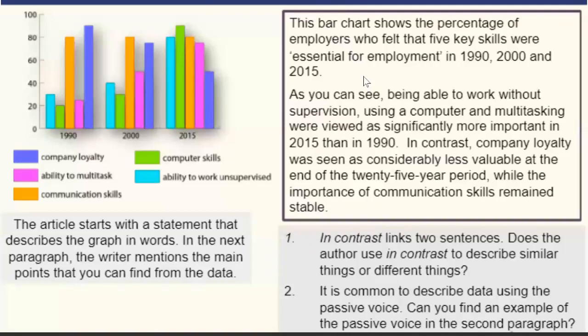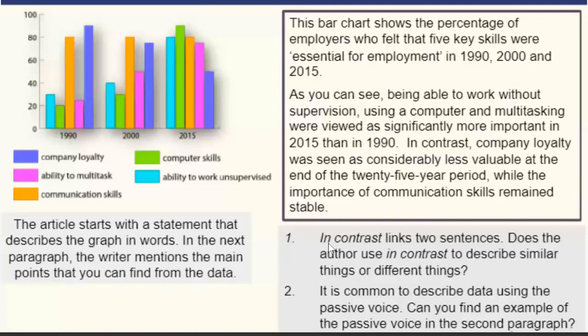They're describing what the title is and exactly the years and the axes, the X and the Y axis. Very basic. And then they start to mention and compare the points.